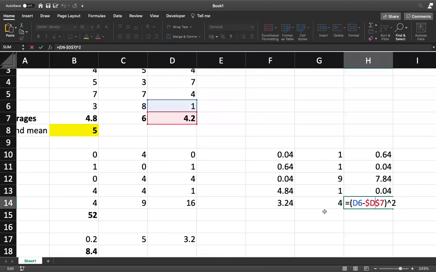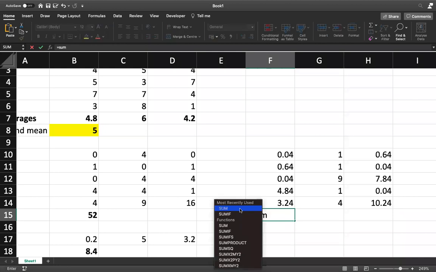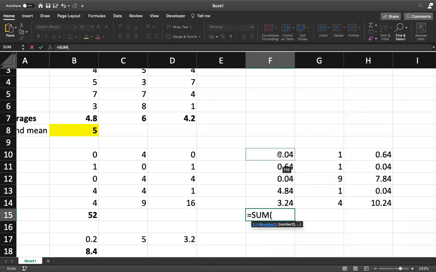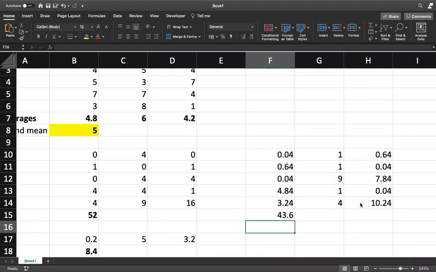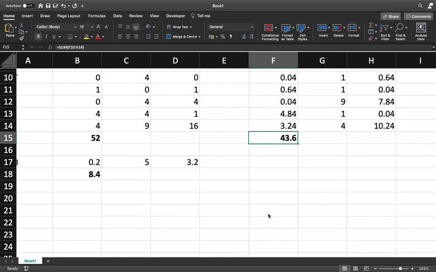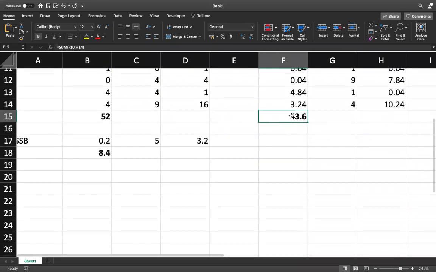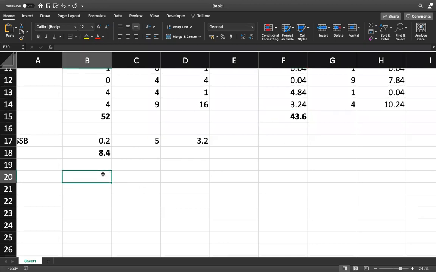So when you're done, what do you do? You put them all together. Very good. So that gives us an expression of the SSW. Now, Maureen, the SSB plus the SSW should give us what? The SST, right? So what is 3.6 plus 8.4?